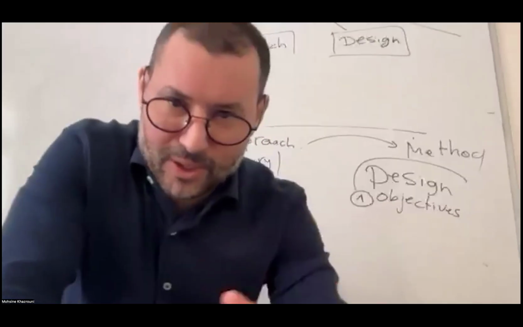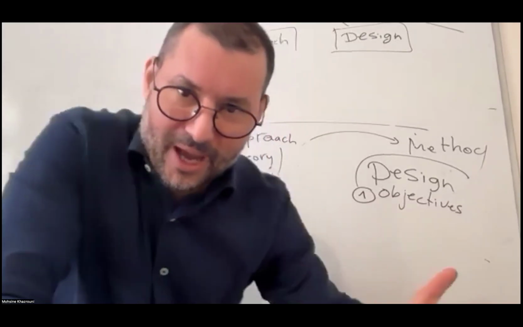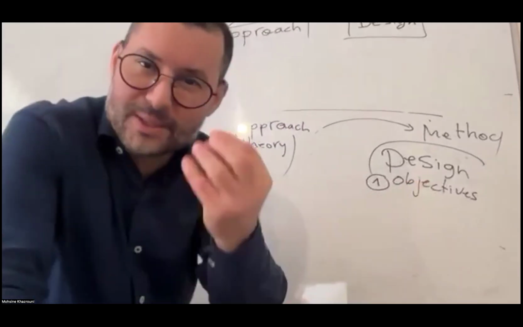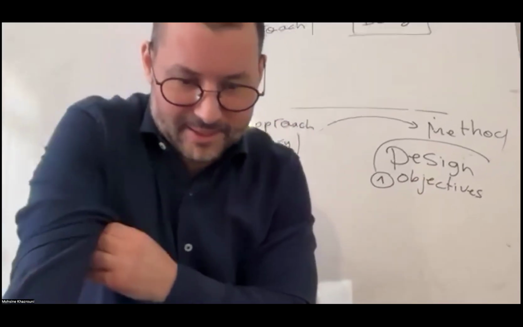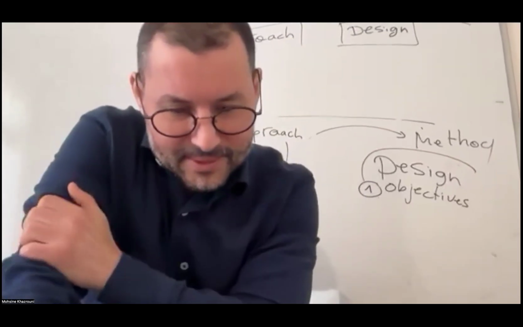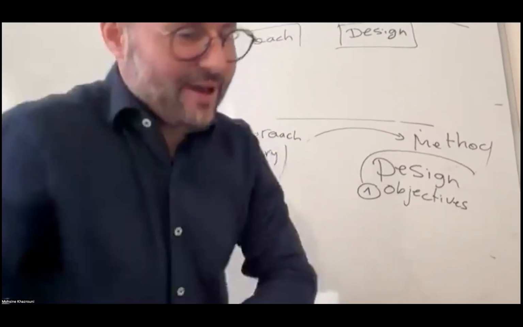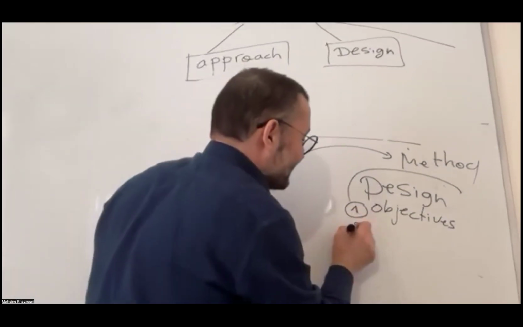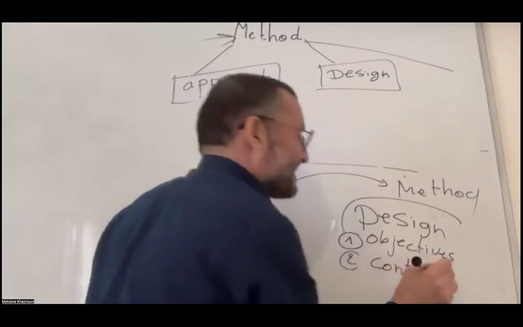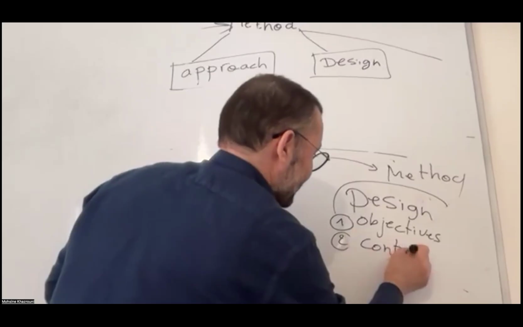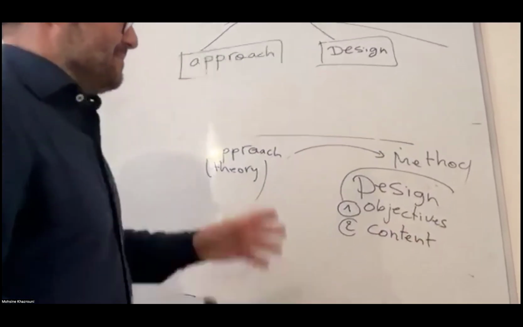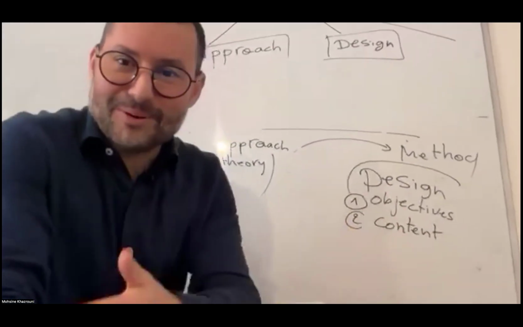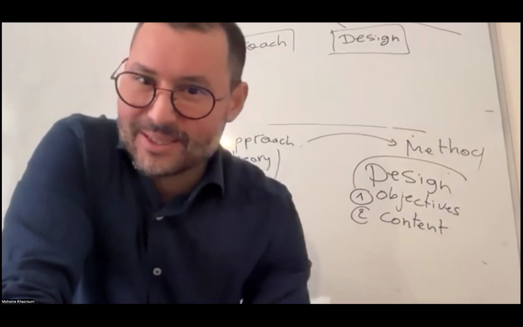That's why when we talk about a different method, we have to say a few words about the objective of the method. Next, content. In other words? Syllabus. Very good. I cannot talk about a method without a syllabus.